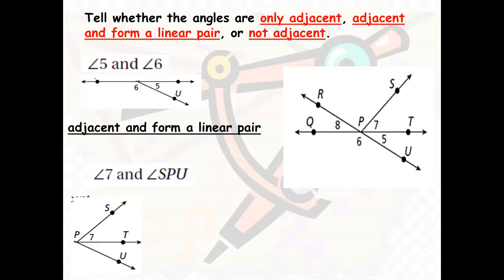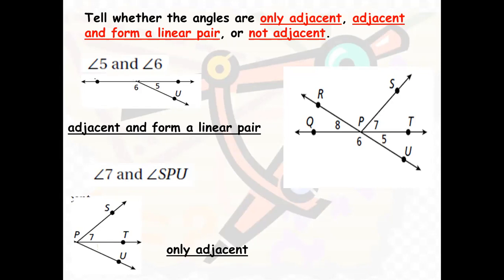So definitely they're not linear. But are they adjacent? You can see that angle SPT, which is angle 7, and also angle SPU are sharing one arm. So that means it is only adjacent.